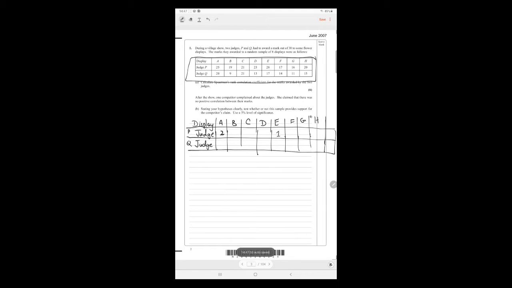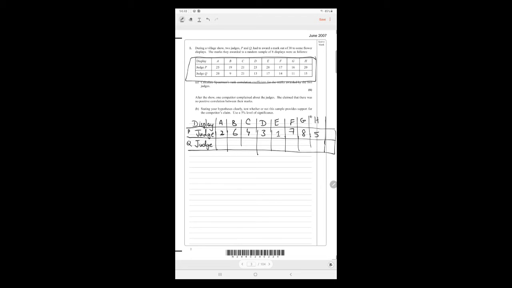Then 23, and that's D, ranked 3rd. And then there is 21, that's rank 4 to C. Then there is 20, that's H, that's 5. And then there is 19, that's B, that's 6. And second lastly you have F, which is given 17 marks, so that's rank 7, and G is the last ranking, 8. There are 8 total displays.